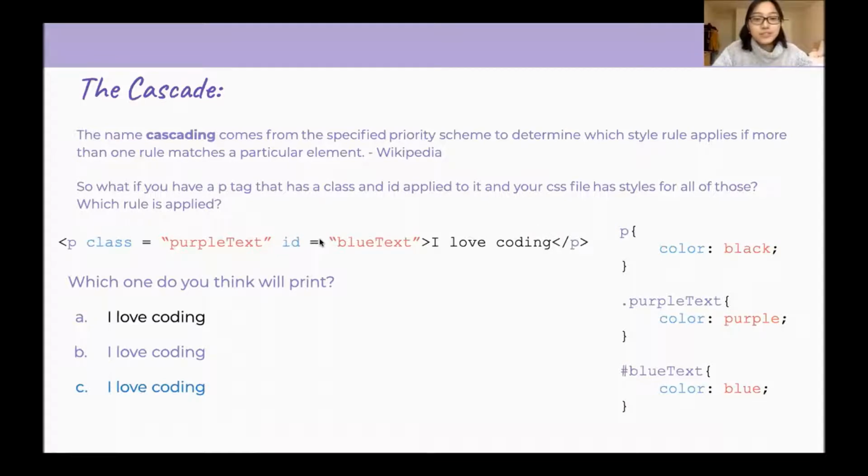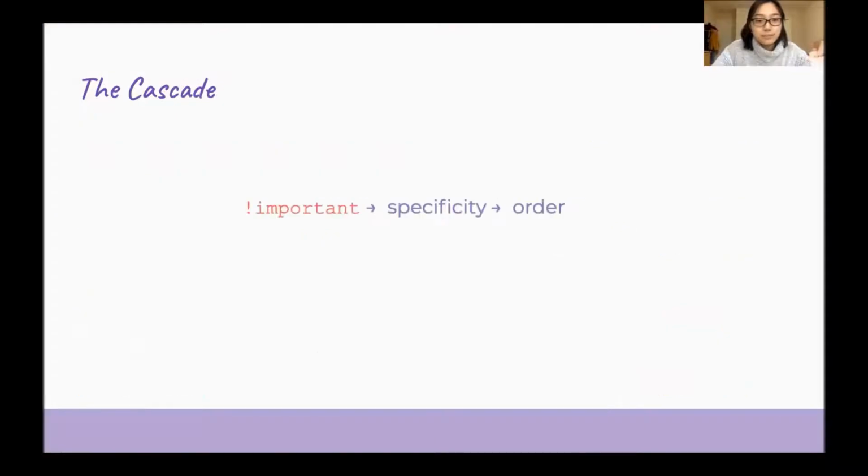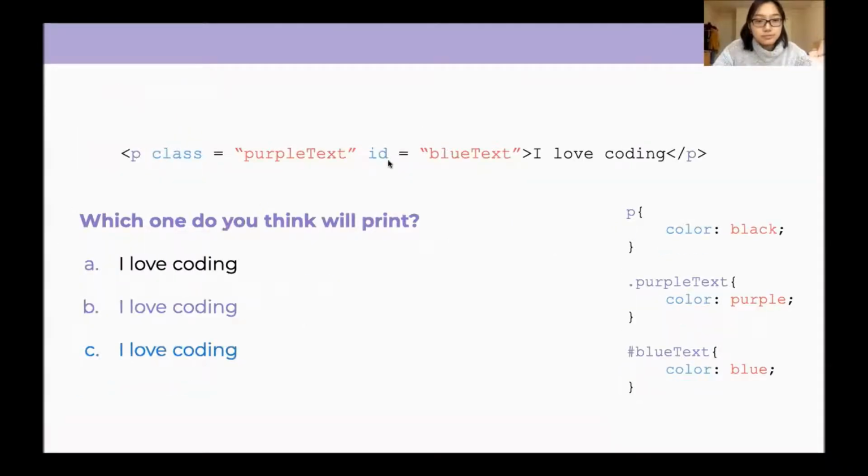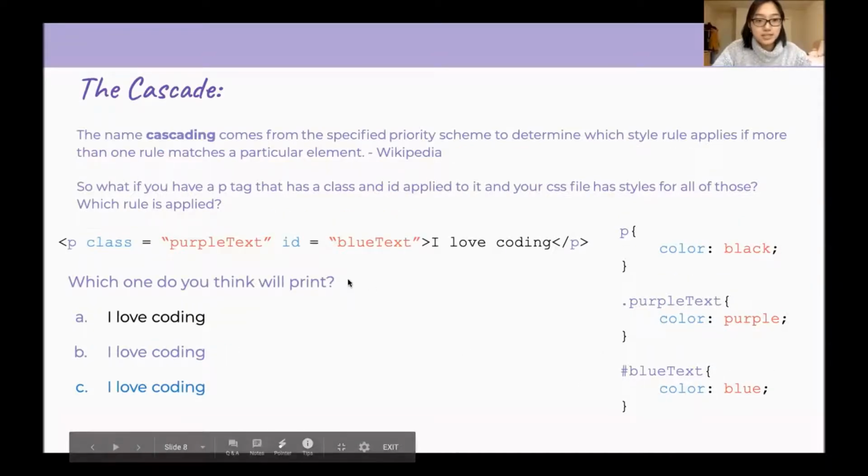This refers to the cascading part of the name Cascading Style Sheets. The word cascading comes from a specified priority scheme to determine which style rule applies if more than one rule matches a particular element. So basically, if you have multiple styles on one element, this is where the cascading part comes in.